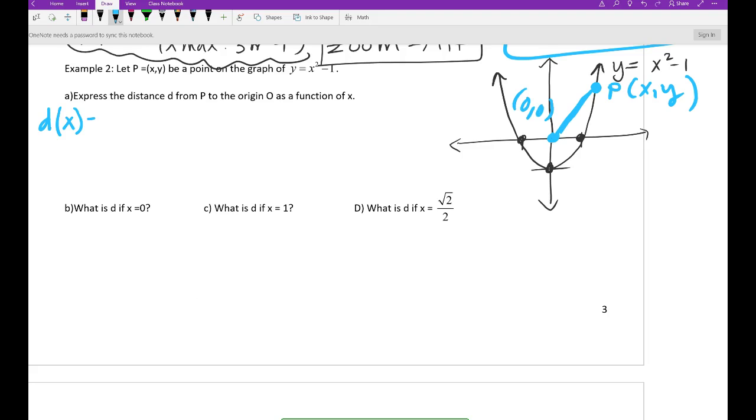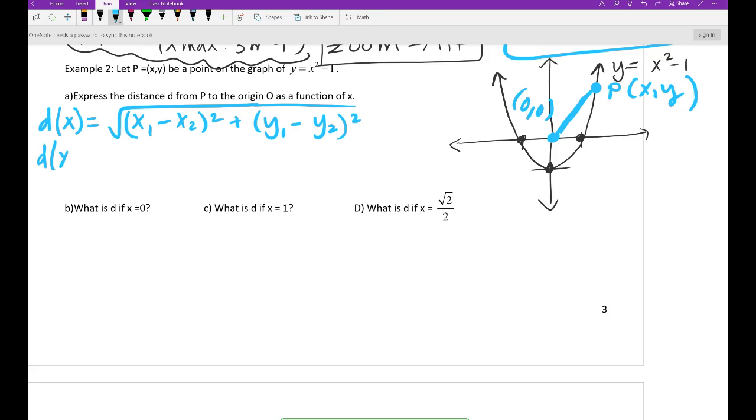what's the distance formula? Radical, x1 minus x2 squared. Good. What else? Plus y1 minus y2 squared. Beautiful. I already have 2 points. I have an unknown point called (x, y), and I have an origin called (0, 0). So let's do it.